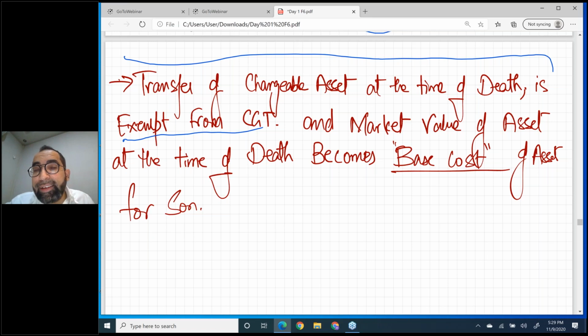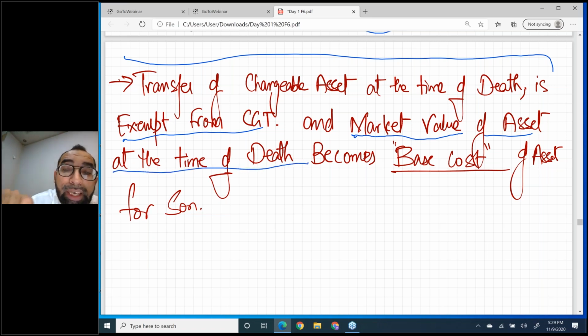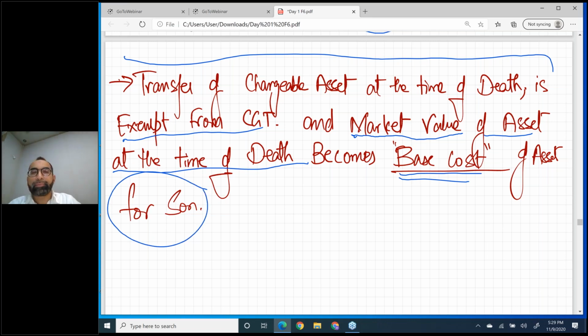And the good news is that the market value of the asset at the time of death becomes the base cost of the asset for the son. Don't forget. There is a planning point here, because tomorrow we will be doing IHT as well.